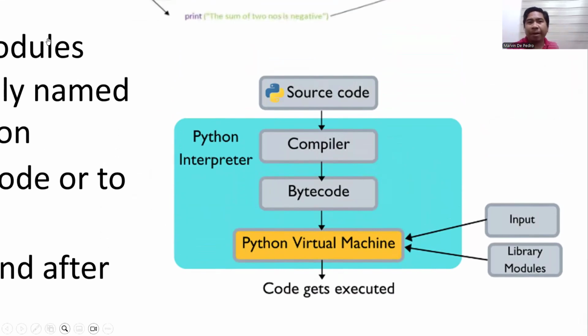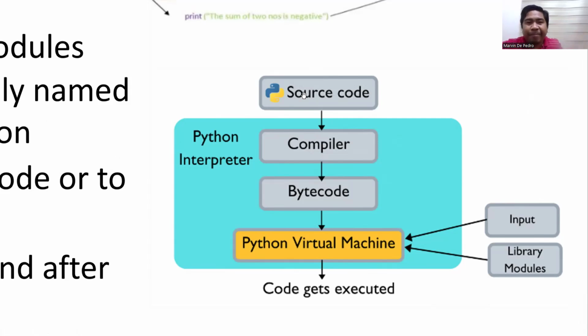Assuming we have the source code, we used an editor to write our source code. The editor could be as simple as a notepad, but it will be better if you can use editors like Visual Studio Code so that we can avail of features that can help us improve our coding, make our code more readable and more professional looking.